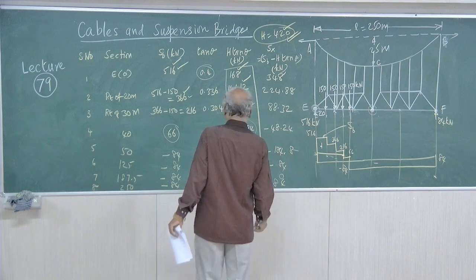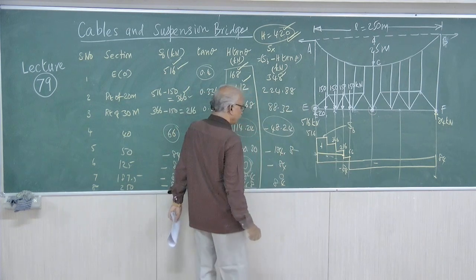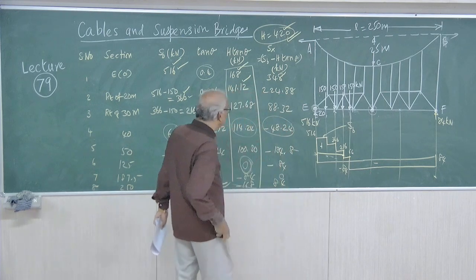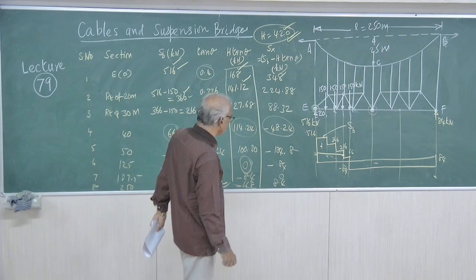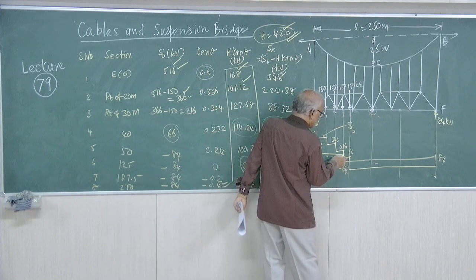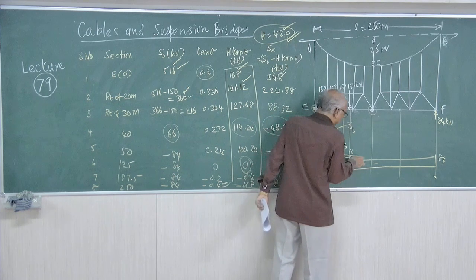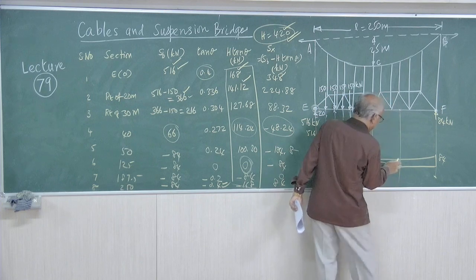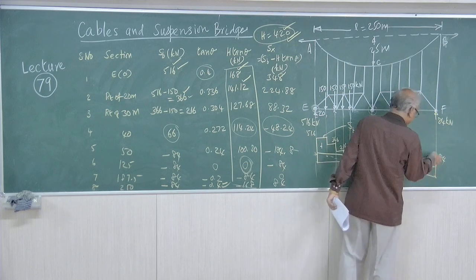And the fifth point will be minus 48.24. Net value is minus 48.24. So here you have to draw minus 48.24, and here it is 0, and again it will go like this.